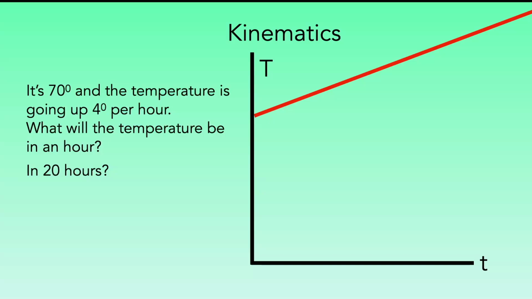That's going to be changing. So maybe in an hour, it's only going up 1 degree per hour. So we really have a thing called acceleration that describes the change in position per unit time, how that changes per unit time. So those three things are the things that we're going to be talking about in kinematics.